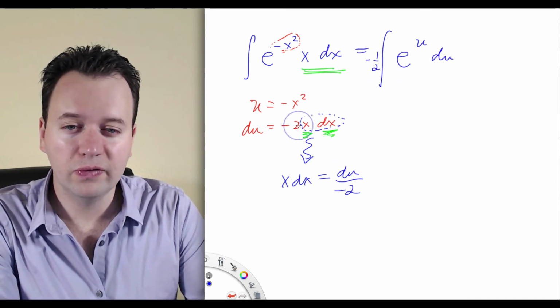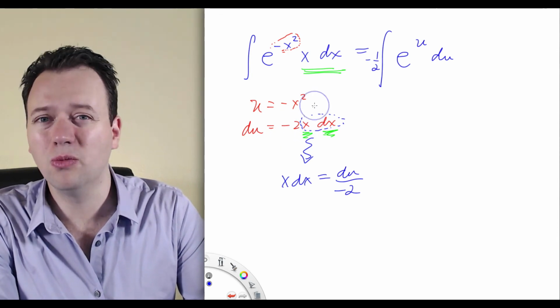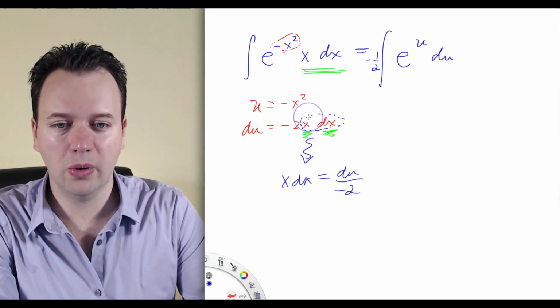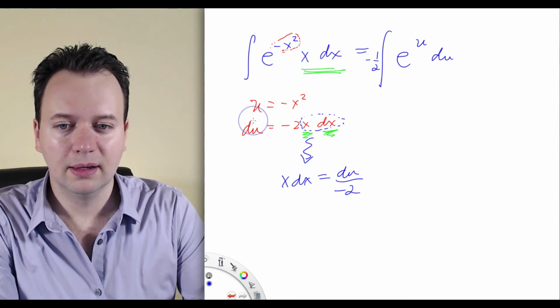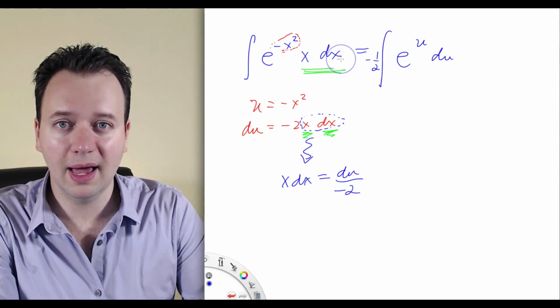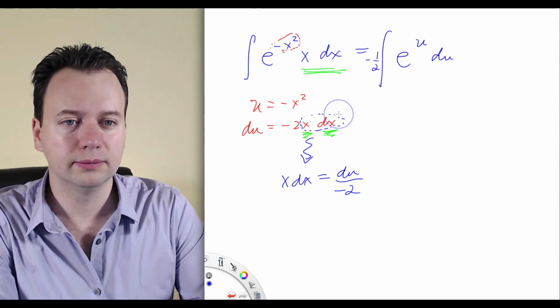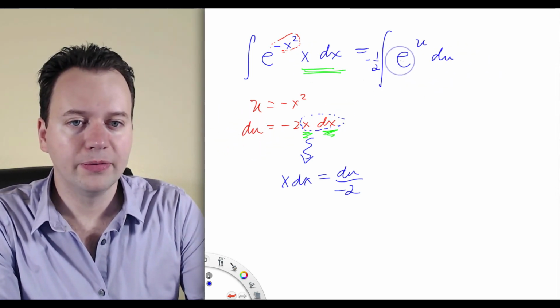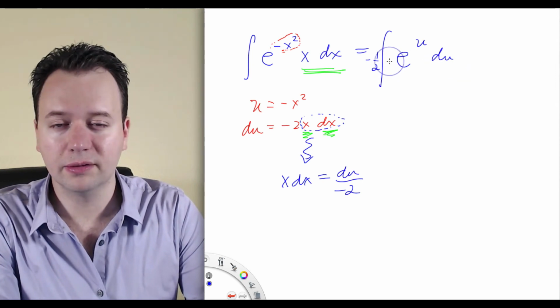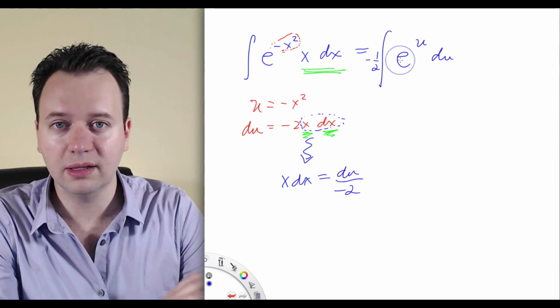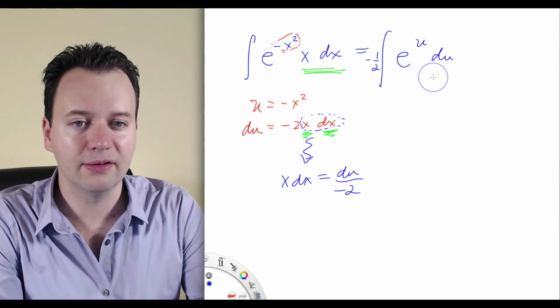Now you can move stuff around in this equation as long as you don't move anything with an x around, right? What you replace your dx with can only be a function of u. So the integral can only depend on u. There can't be any x's left, whatever you do.